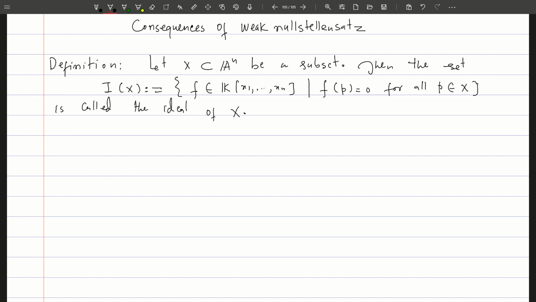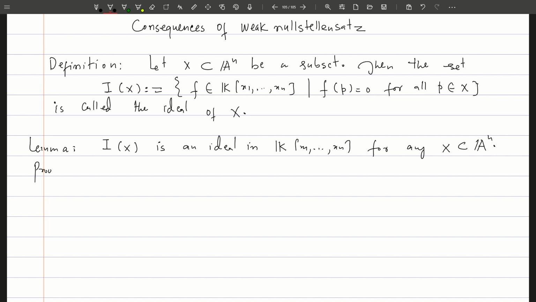So this is indeed an ideal, because we have not proved yet that this set is an ideal. So let us do a short lemma here. I(X) is an ideal in the polynomial ring k[x1, ..., xn] for any subset X of the affine space A^n.